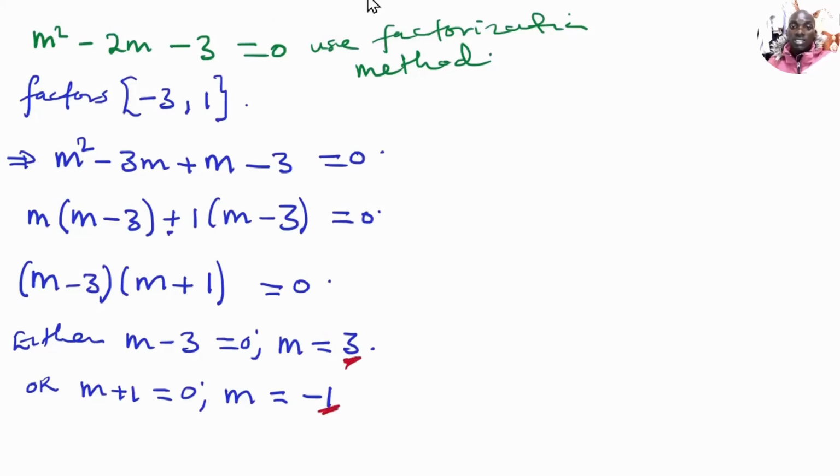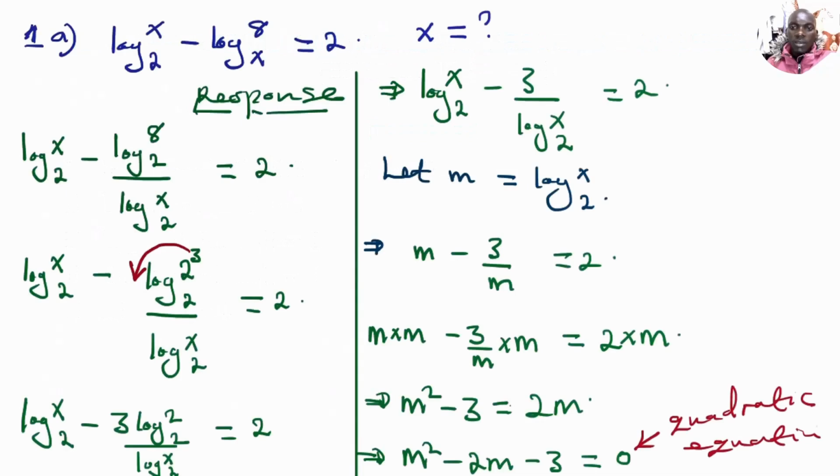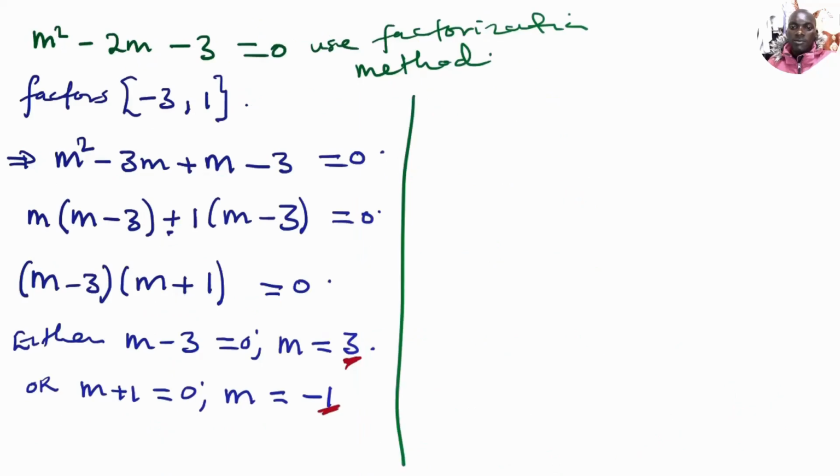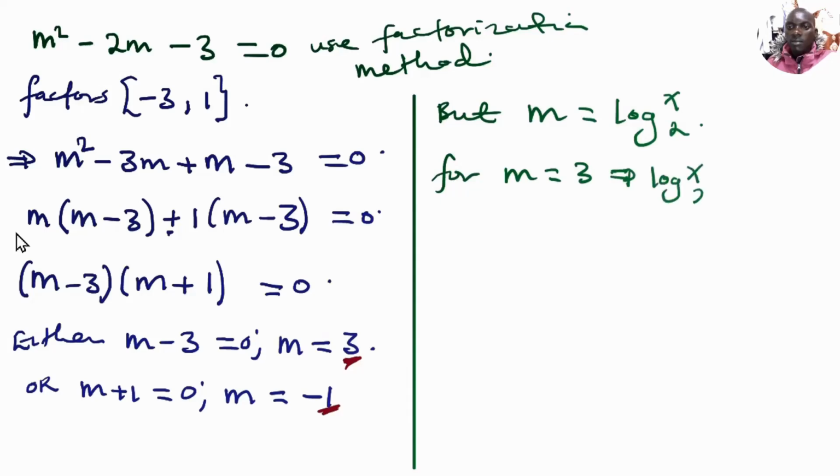Remember, the question asked for the values of x, as you can see from part A. But remember, we let m be the log of x. So let us proceed. m equals the log of x base 2, implying that for m equals 3, our log of x base 2 equals 3. As we simplify this, we change it from logarithm to indices.